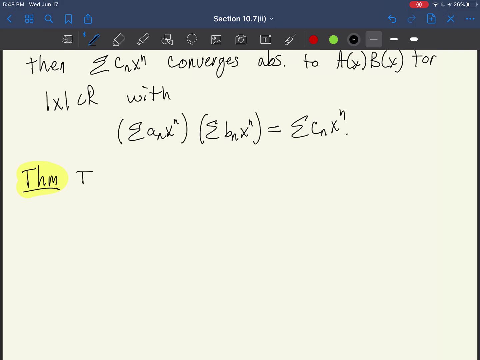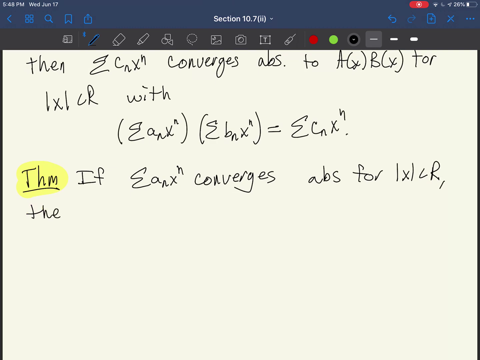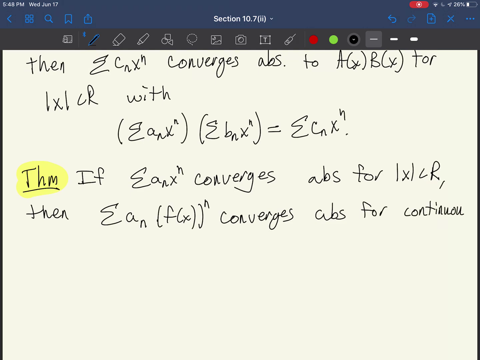So the next theorem that we're going to talk about is operations on power series. If the power series a_n x^n converges, say it converges absolutely for the absolute value of x less than R, then the power series a_n (f of x)^n also converges absolutely, as long as f of x is a continuous function.